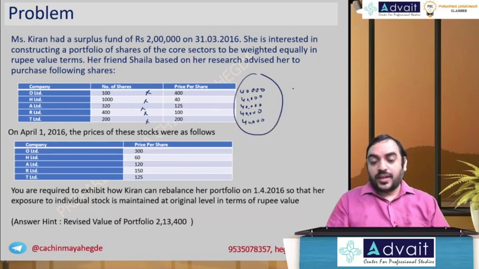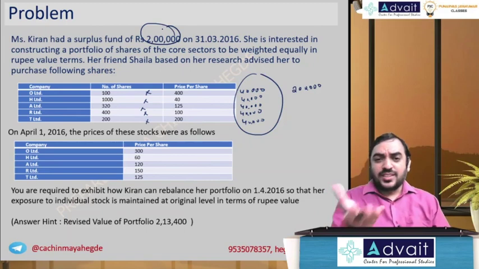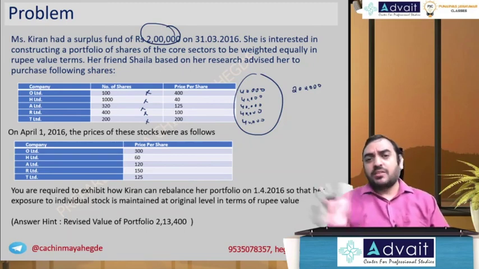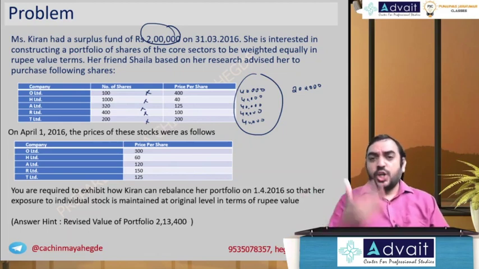So total 2 lakh. That's what they've given actually. So this table is not relevant. This is existing information. 2 lakh divided among 5 stocks, 40,000 each. That we already verified.